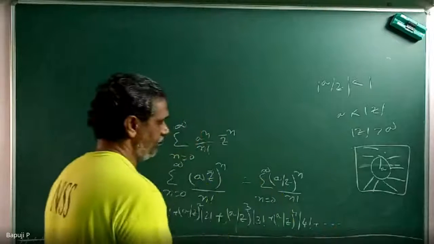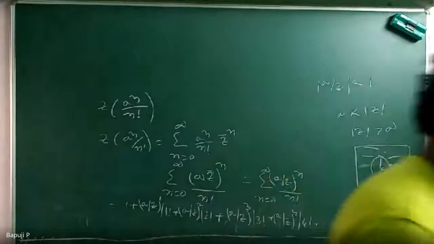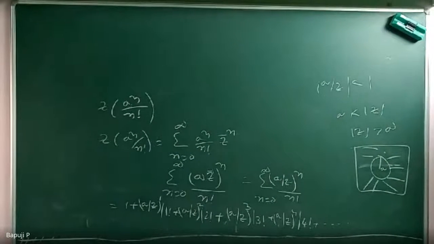So this becomes what? Tell me. Anywhere have you seen this series? 1 plus x by 1 factorial, x square by 2 factorial, x cube by 3 factorial, x power 4 by 4 factorial, x power 5 by 5 factorial. What is the formula? Have you seen this formula anywhere?